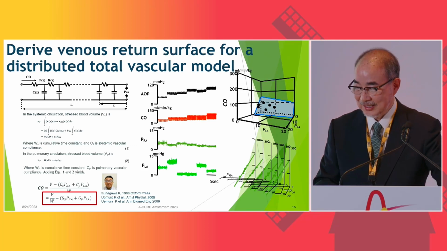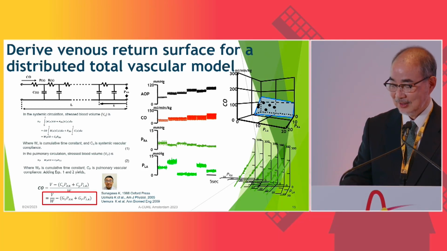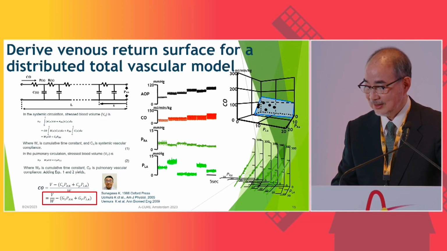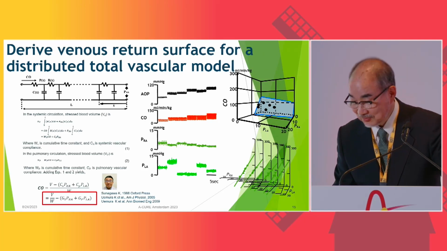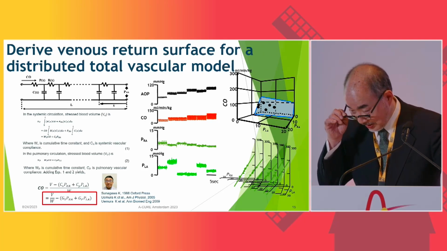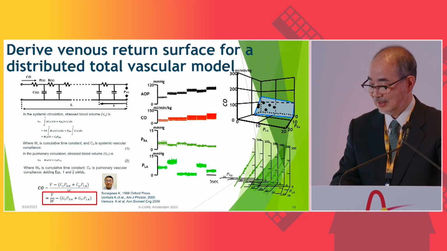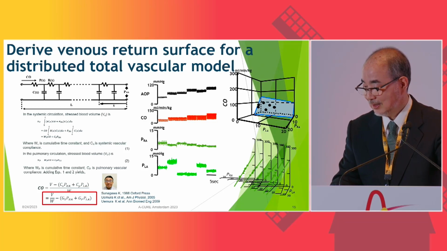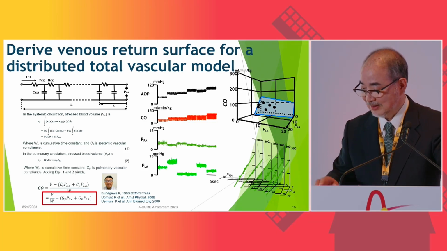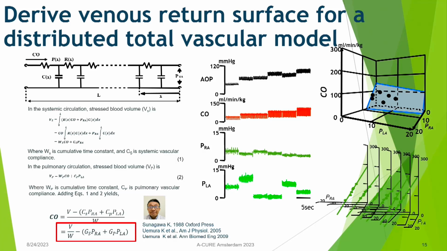But with this kind of simplification, you can end up with that surface in the bottom red box, and a very simple formula. And we tried this in experiment and proved that the venous return really makes a surface. And if you look at the right bottom side, there are many lines.